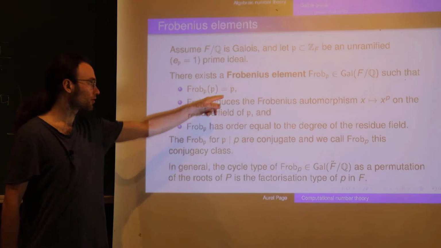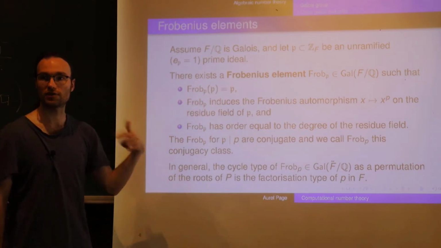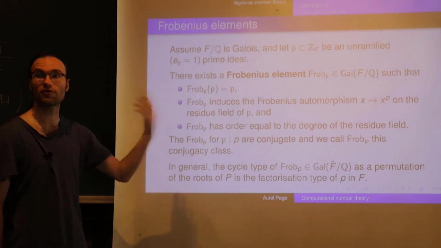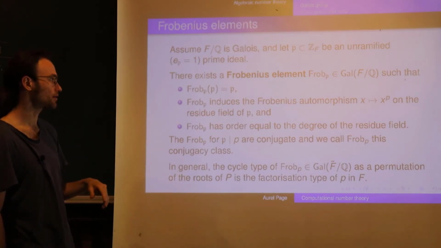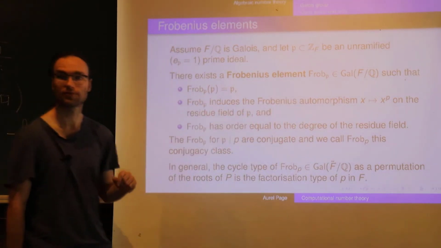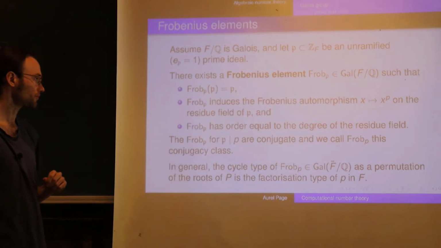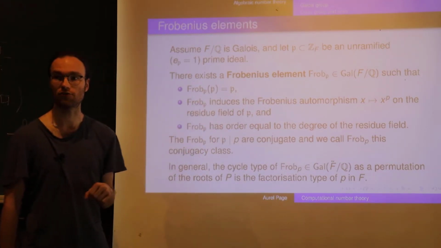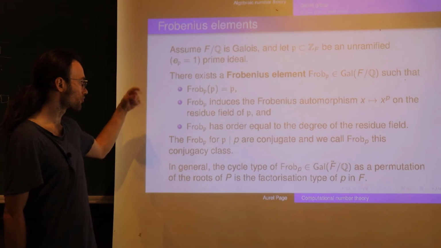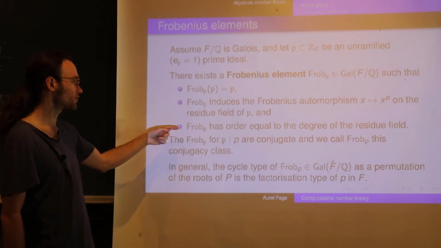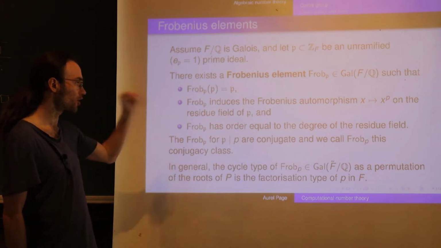Because it is stable, it actually acts on the residue field of P, and so it's going to be an automorphism of the residue field of P, and you ask that it's exactly the Frobenius automorphism of the residue field. And it has order equal to exactly the degree of the residue field. So in other words, the group generated by the Frobenius element is isomorphic to the Galois group of the residue field.